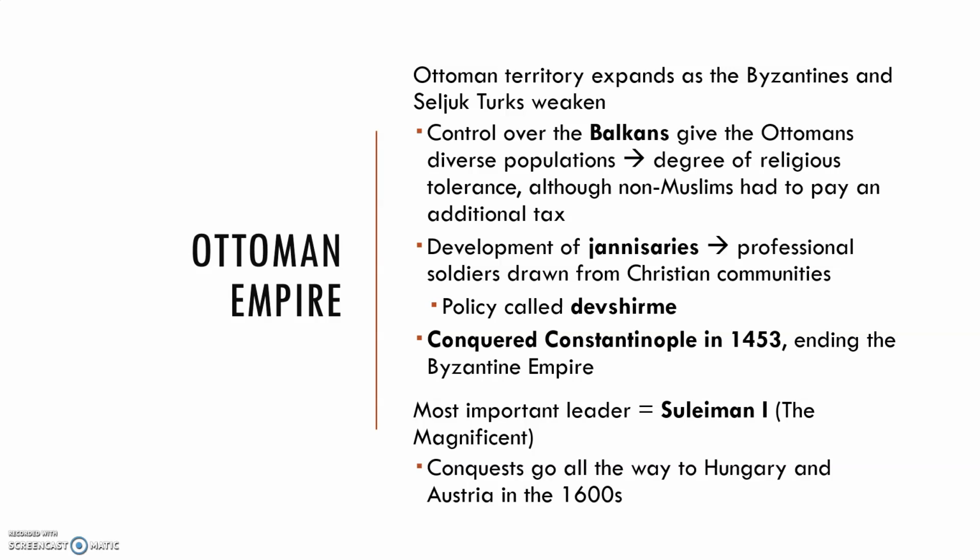So Suleiman was a very, very canny leader. He codified the Ottoman legal system. He was a really brilliant military genius, and in fact was able to conquer territory as far west as Austria. He actually surrounded the city of Vienna in Austria, and nearly brought it down.